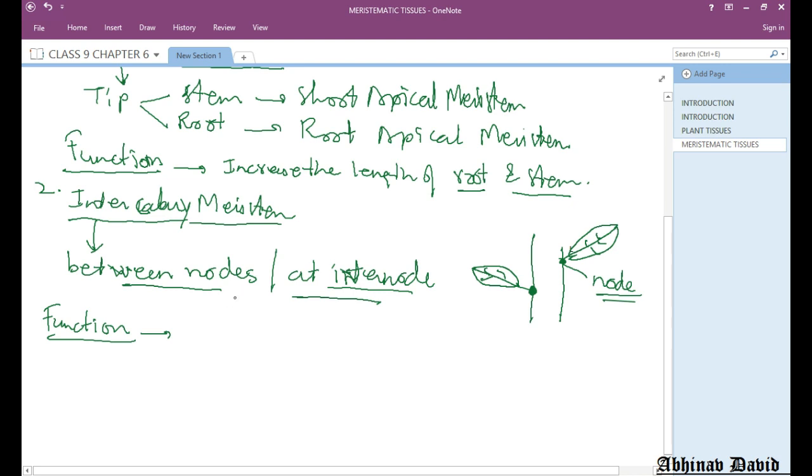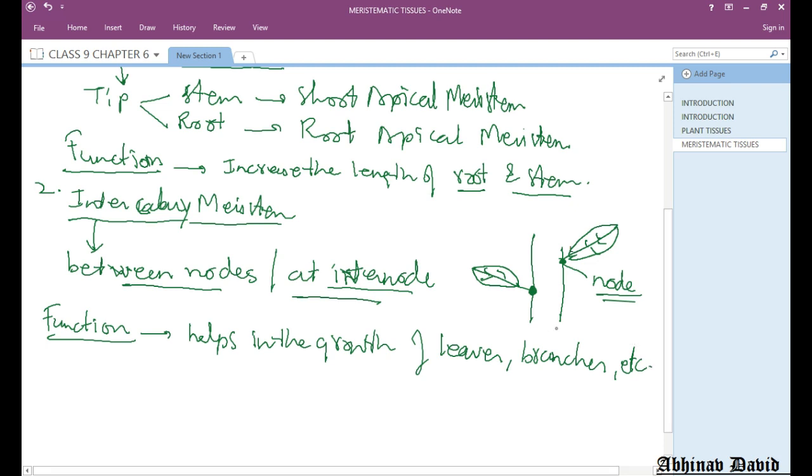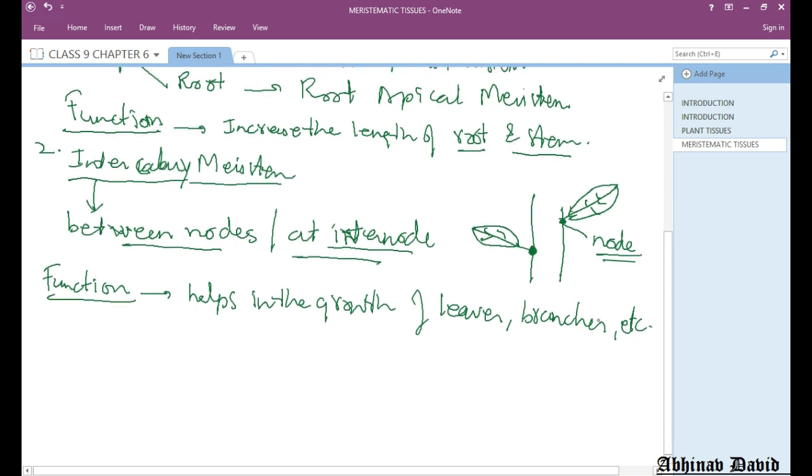It is responsible for the growth of branches, leaves, flowers, fruits, etc. So it helps in the growth of leaves, branches, and you can write even flowers, etc. So the intercalary meristem is present between nodes or at the internode. Inter means between. So between nodes it is present and helps in the growth of different parts of the plant like leaves and branches.